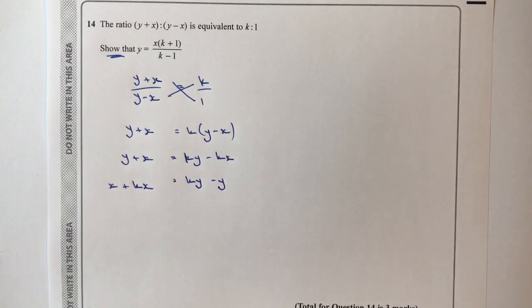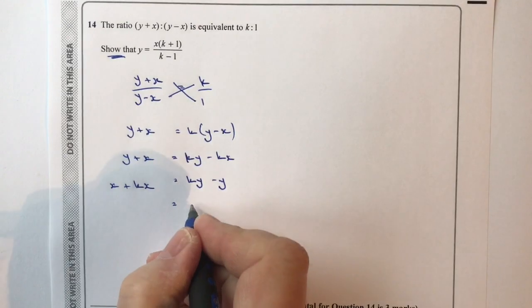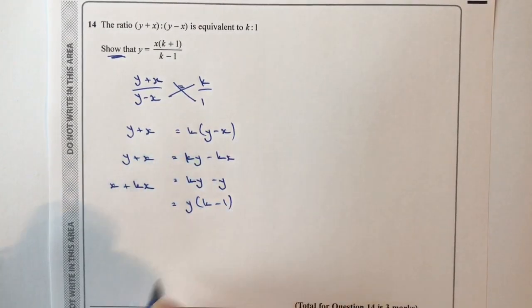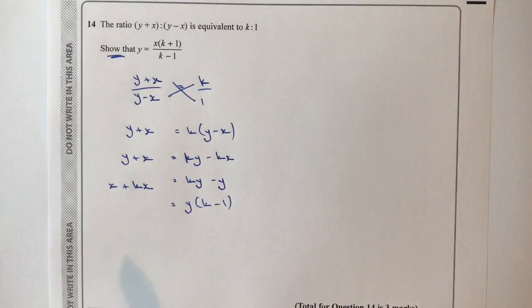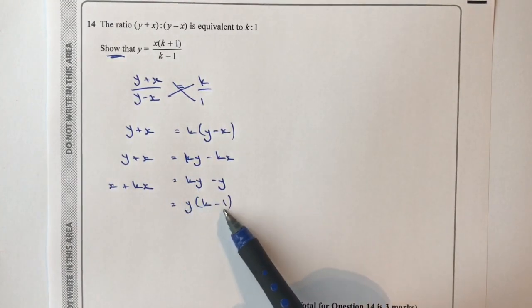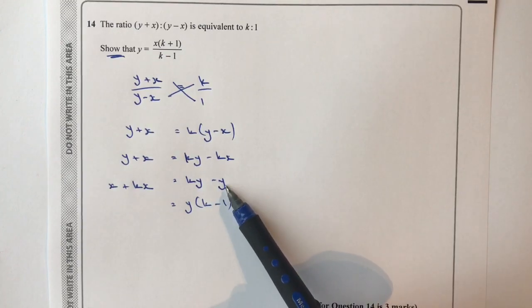So it is a little bit tricky to work through these things, but hopefully you'll be able to follow my reasoning, because my next stage is that I can factorize y as k minus 1, because y times k is ky and y times minus 1 is minus y.